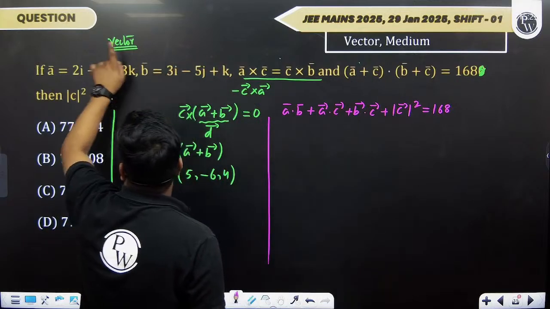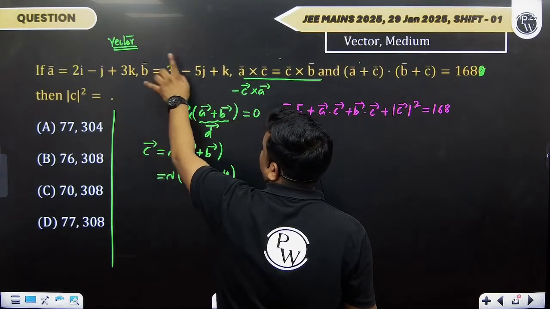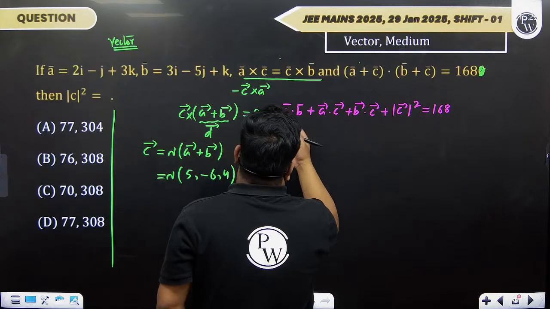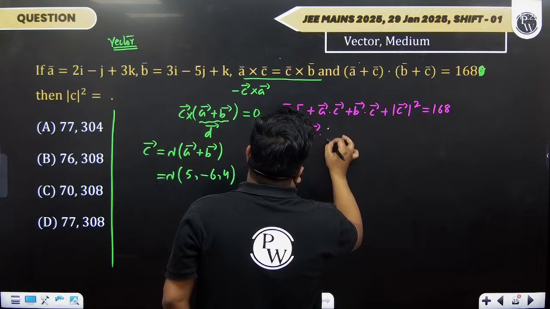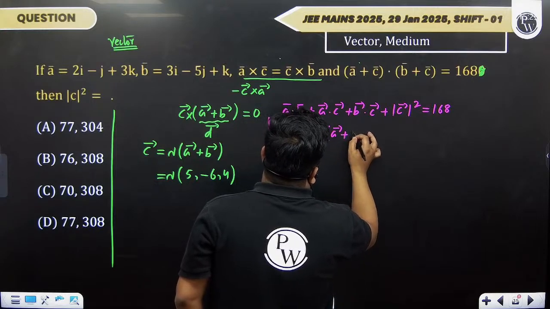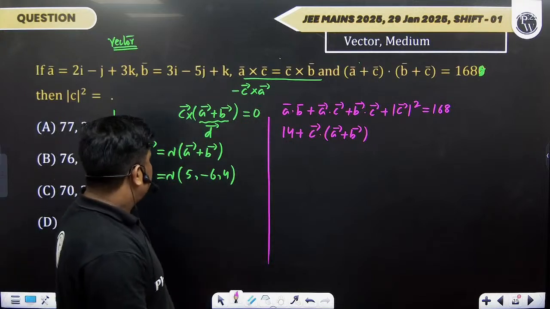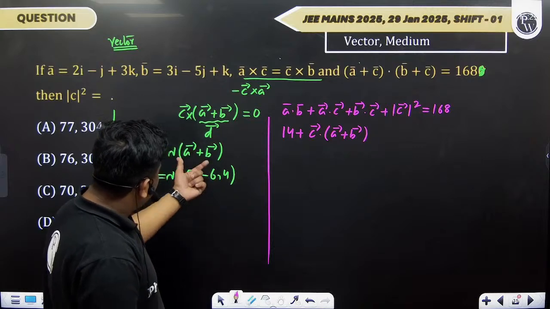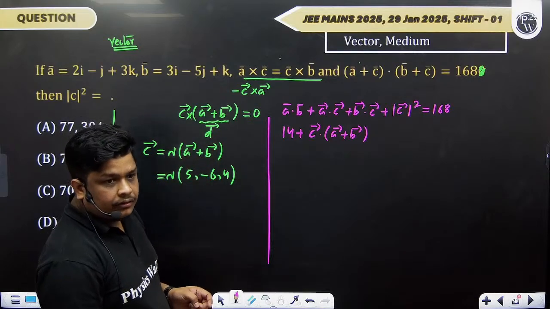A dot b, when we do it, this is 3, 5, 8, 6, this becomes 14. And this becomes c dot (a plus b). Now which can be written? A plus b can be written as c by lambda.